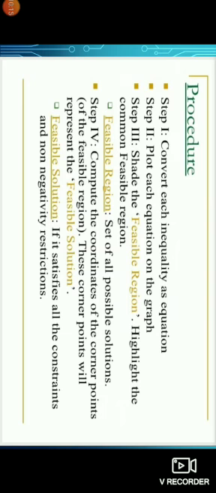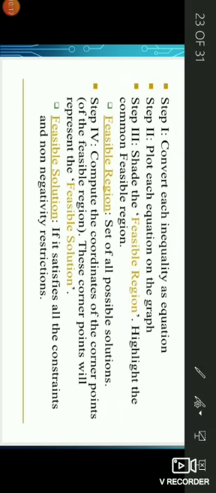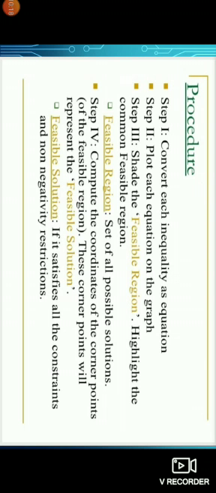The feasible region means the set of all possible solutions. These corner points will represent the feasible solutions. You know the definition of a feasible solution: it satisfies all the constraints and the non-negative restrictions.